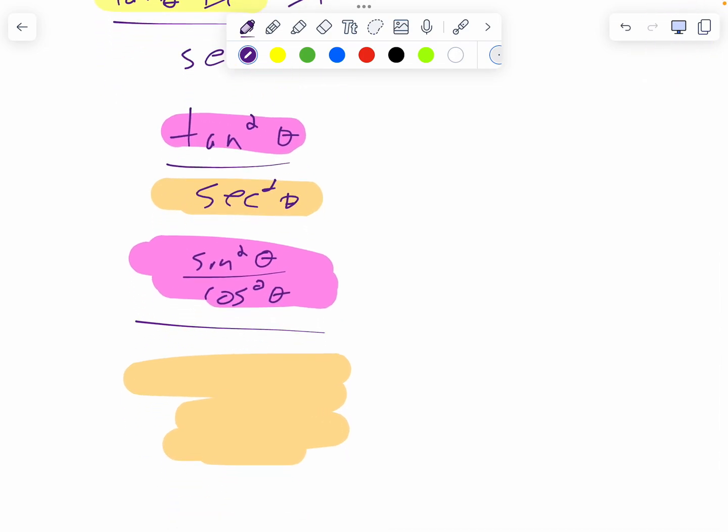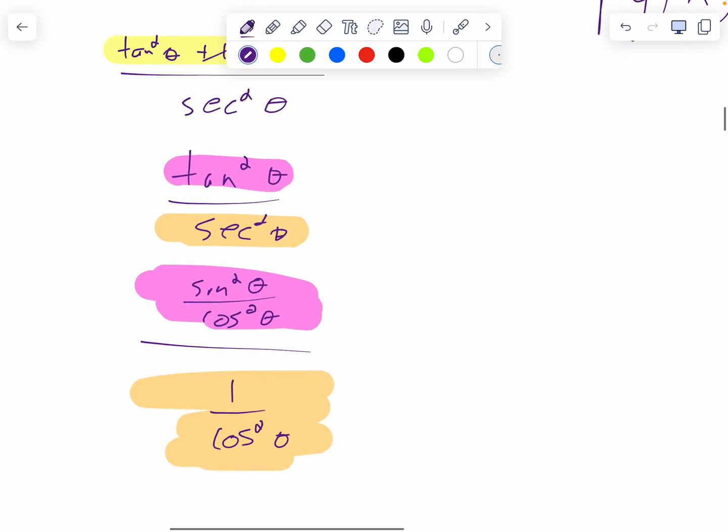And secant squared is 1 over cosine squared theta. So I used trig identities, and I kept it color-coded. Pink became pink and orange became orange. Does everybody understand the substitutions that I just made?